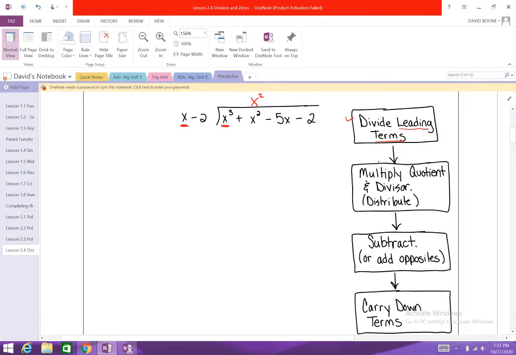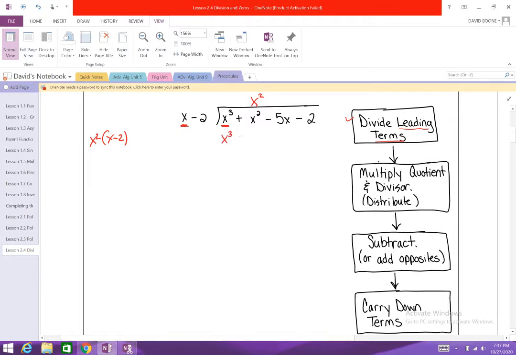It says multiply the quotient and the divisor. So we're going to multiply this quotient, this x squared, by this divisor. We're taking x squared and multiplying it by that x minus 2, and we're going to line that up underneath. So x squared times x is x to the third.